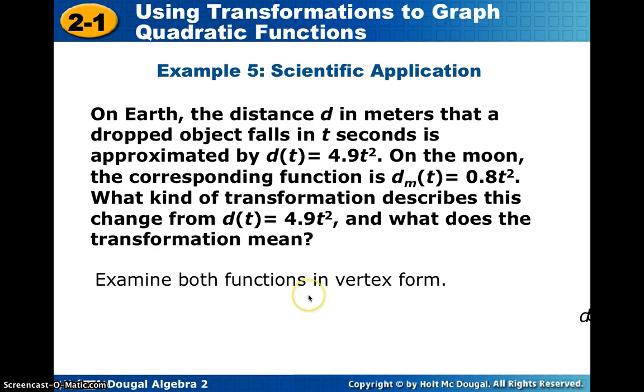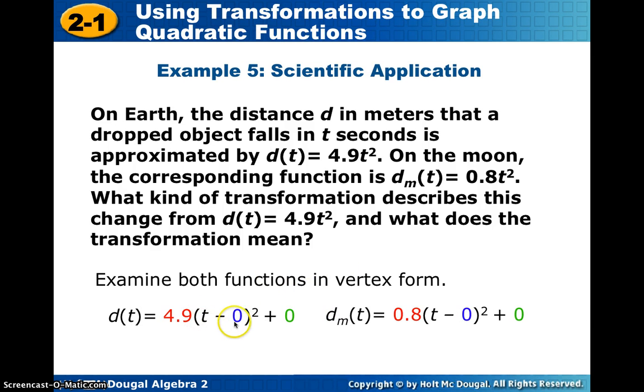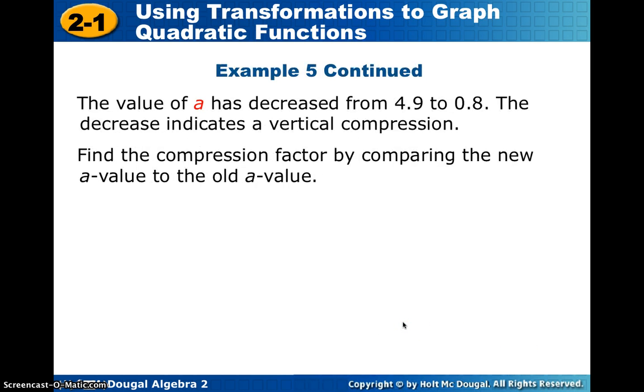So if we examine both functions in vertex form, we can see that they both have h and k equal to 0. The only difference is that one is multiplying by 4.9 and the other is multiplying by 0.8. So the a value has decreased from 4.9 to 0.8. We know that the a value is our vertical compression.